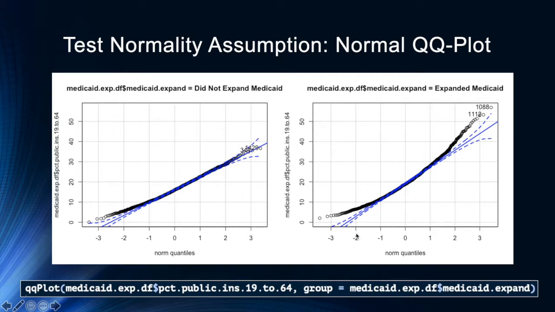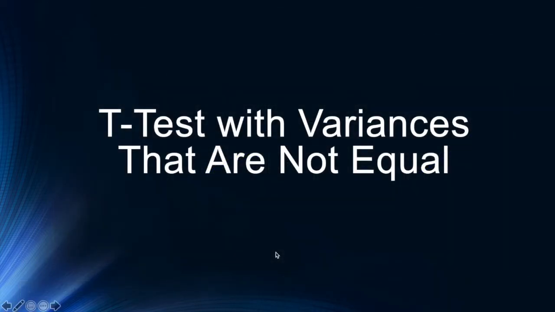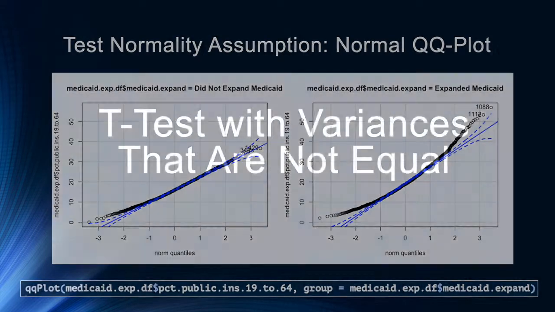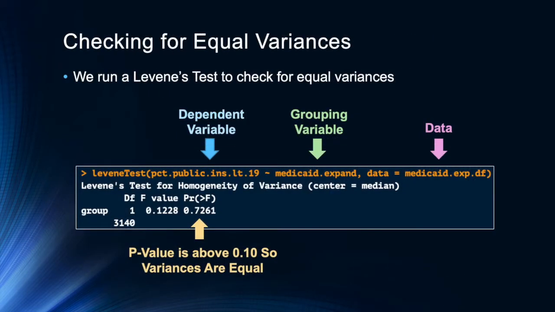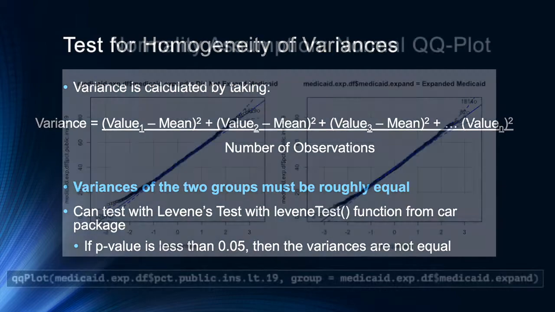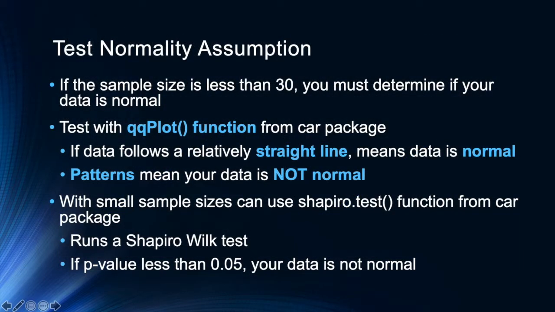So there's another way to test for a normal distribution. If you have a small set of data, so I'd say within 50 observations, maybe even 100, you can run a Shapiro-Wilk test.